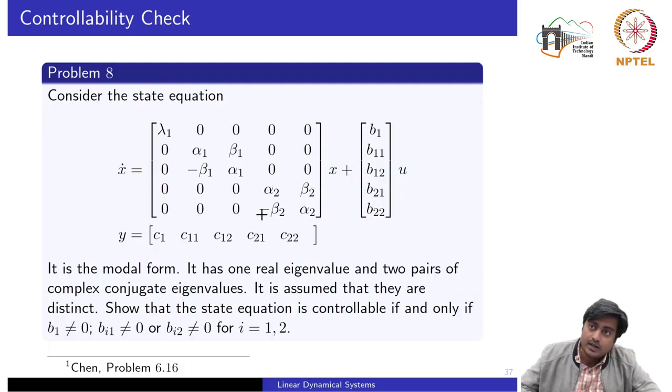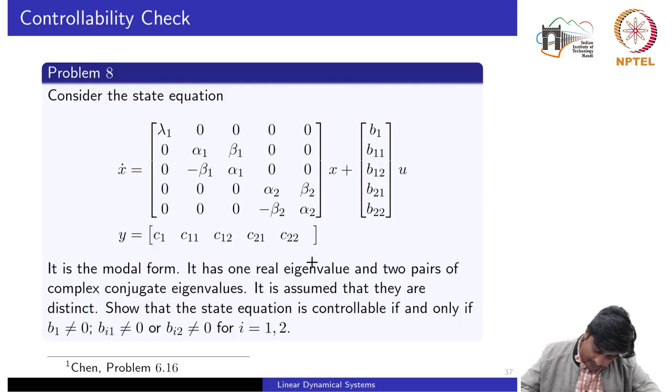Let's say for a given A matrix, if we compute its Jordan canonical form, then by seeing only the distribution of the B matrix, we can directly comment on the controllability of that state space system. So pay attention here. This has already been specified in the modal form.